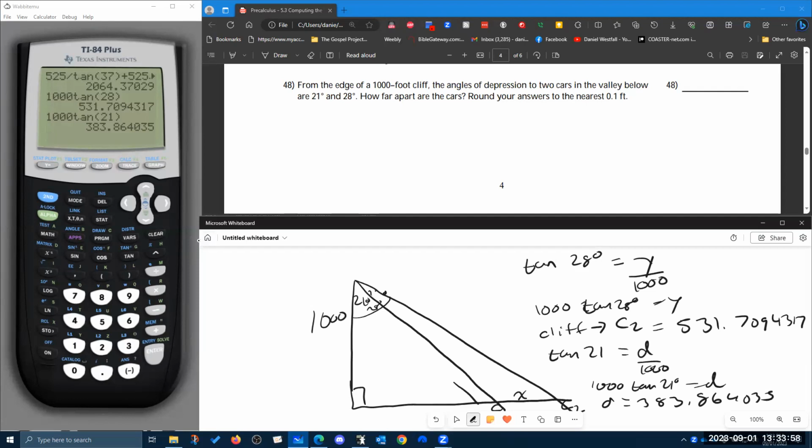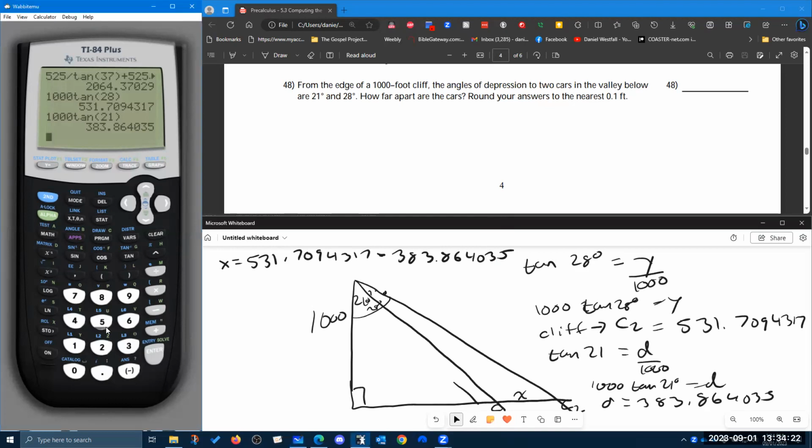And I want to find the difference between those. So X is going to be equal to 531.7094317 minus 383.864035.